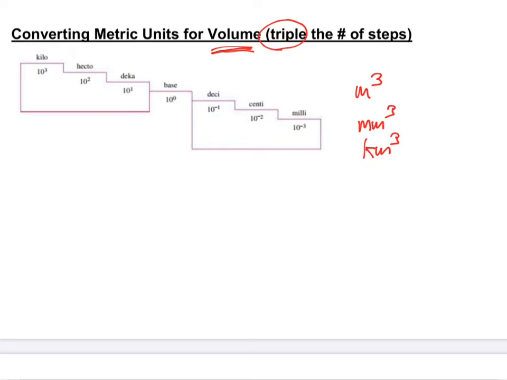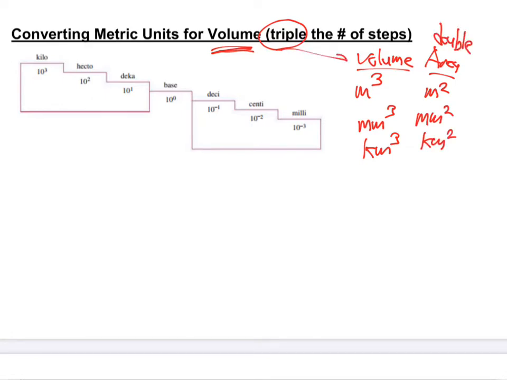Remember, for area, which was square meters, square millimeters, square kilometers, we doubled. We doubled for area, triple for volume, and then just normal length, meters, millimeters, kilometers, we just did single. We didn't double or triple the number of steps. So we'll see that when we get to the conversion problem.